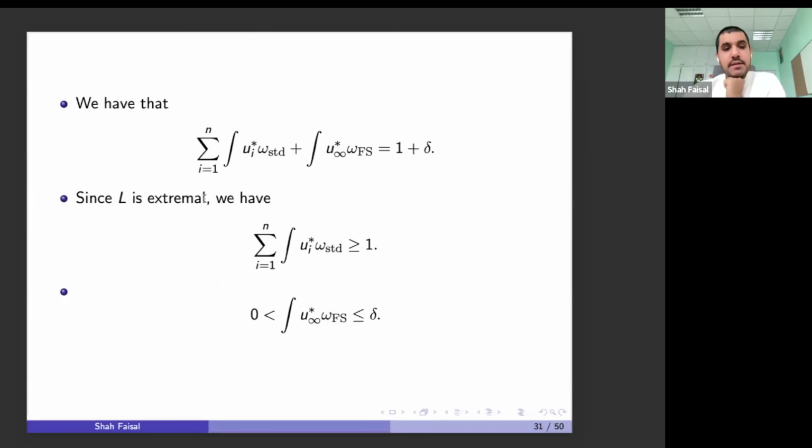And since the Lagrangian is extremal, each of these smooth disks, I mean, they are holomorphic away from the Lagrangian, so they have positive symplectic area. And since L is extremal, each of these smooth disks has symplectic area at least 1 over n. But we have n of them, so it adds up to 1. And so this equation leads to this estimate on the disk that intersects the hypersurface at infinity.